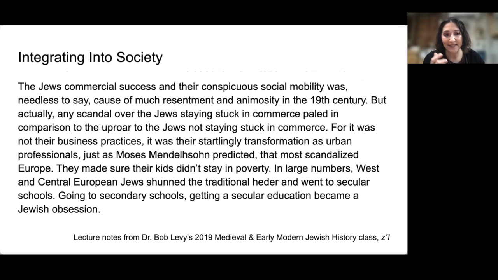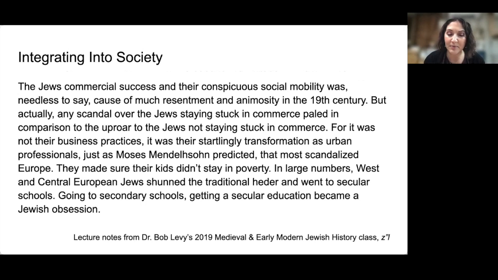So integrating into society, the Jews' commercial success and their conspicuous social mobility was, needless to say, cause of much resentment and animosity in the 19th century. That's the 1800s. But actually, any scandal over the Jews staying stuck in commerce paled in comparison to the uproar over the Jews not staying stuck in commerce.